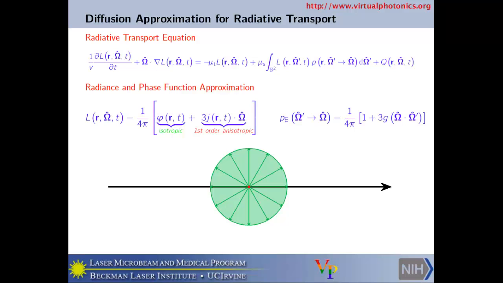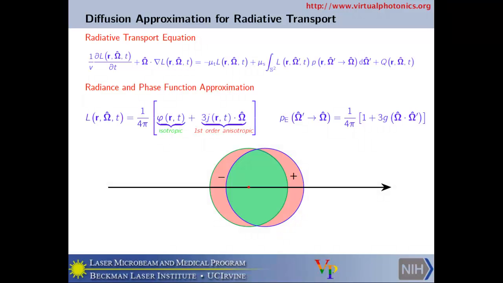So if you have photon flow from left to right, you essentially add a little bit onto the right, because at theta equals 0, cosine is 1, and at theta equals either pi over 2 or 3 pi over 2, cosine is 0, and then you start to subtract things off.